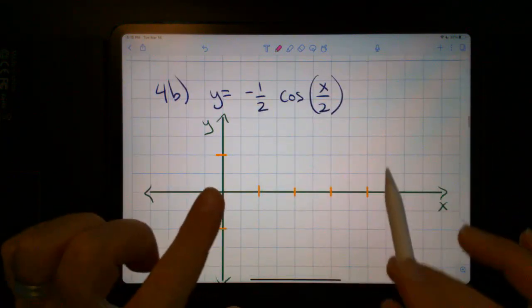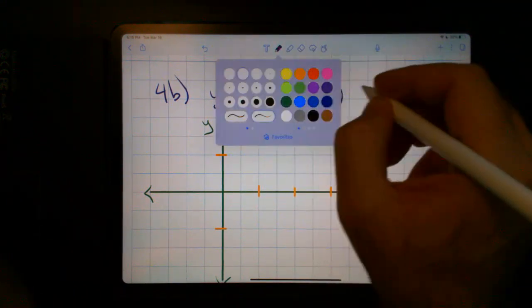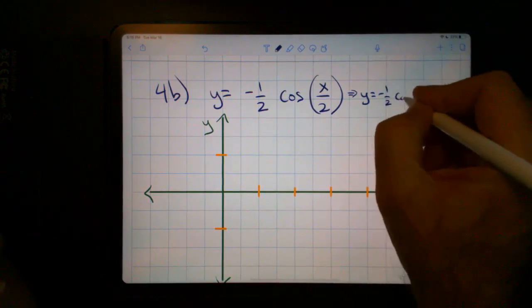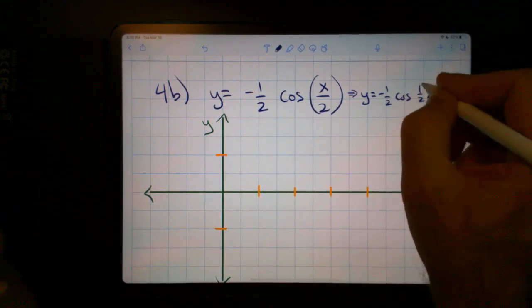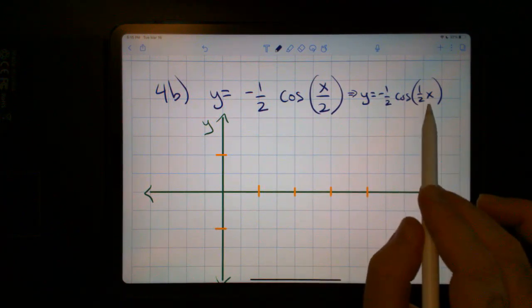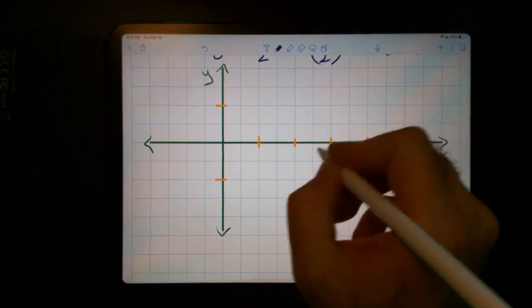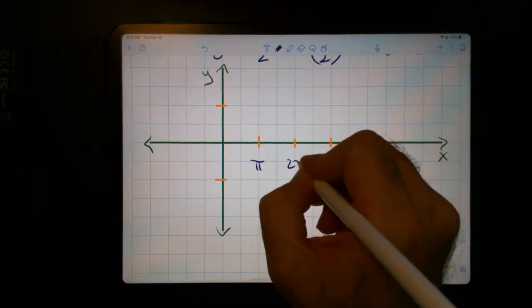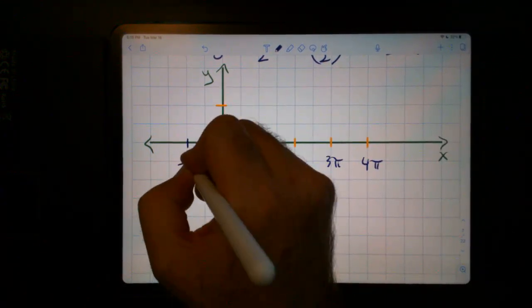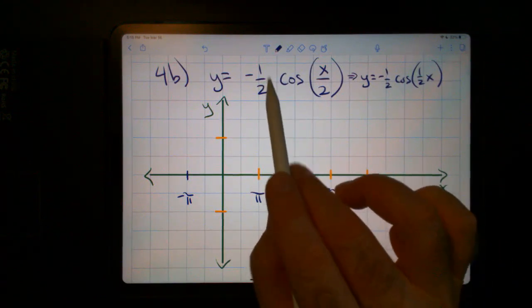Okay, now here, the period is, so this is the same thing. Okay, and so our period is going to be 4 pi. Okay, our amplitude is 1/2 now.